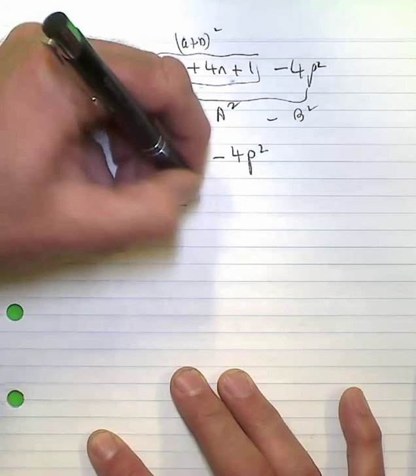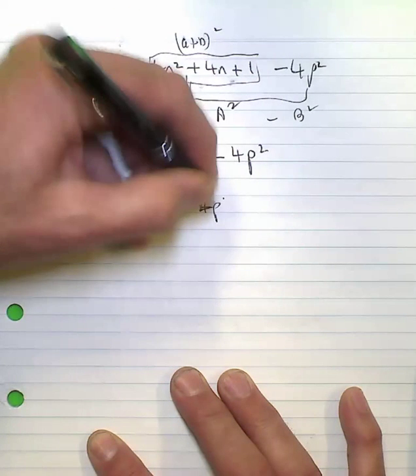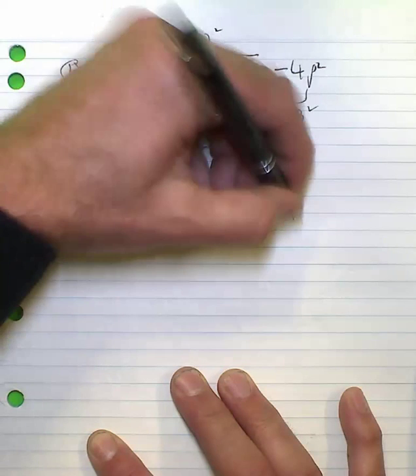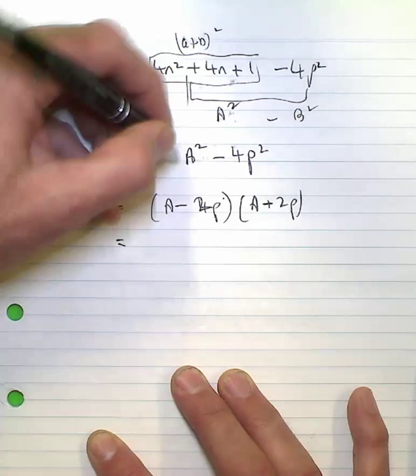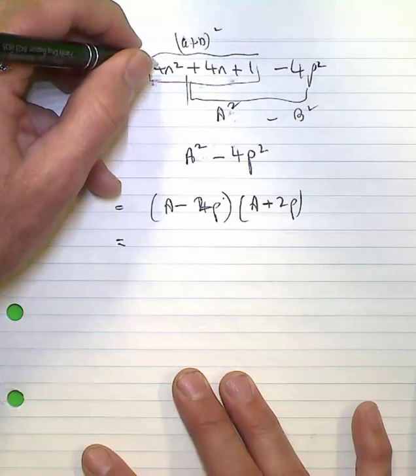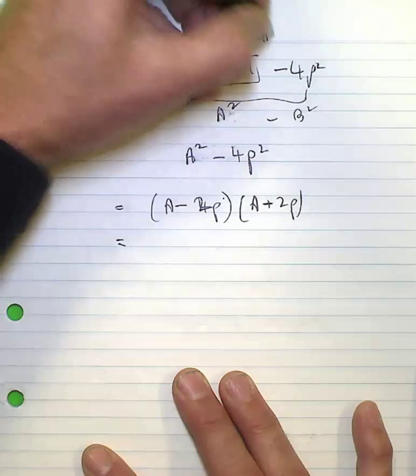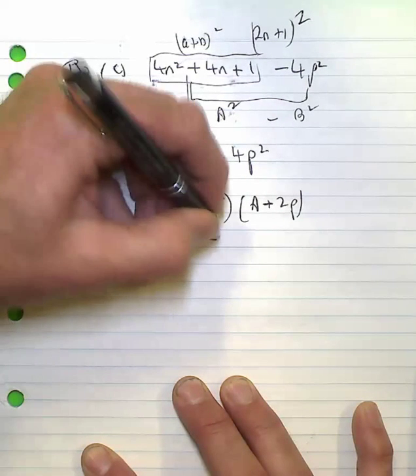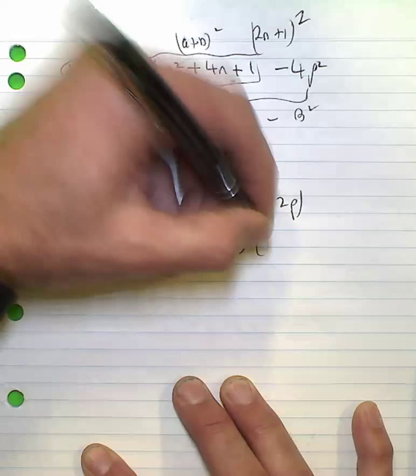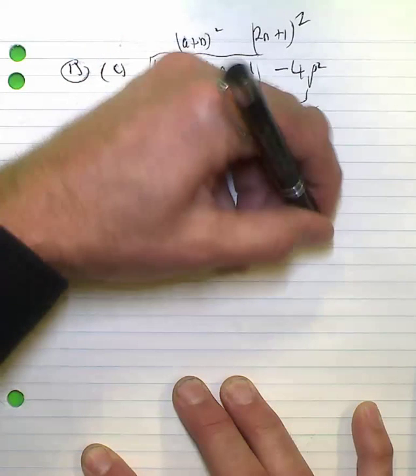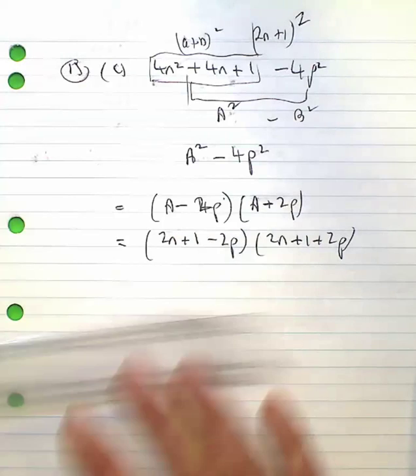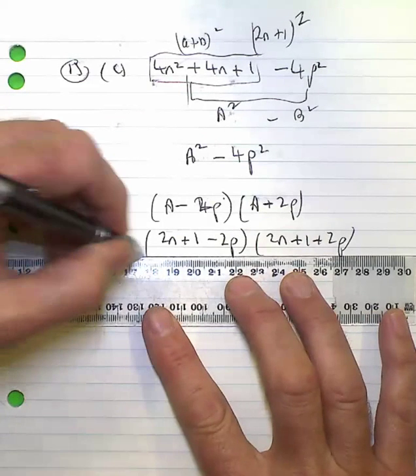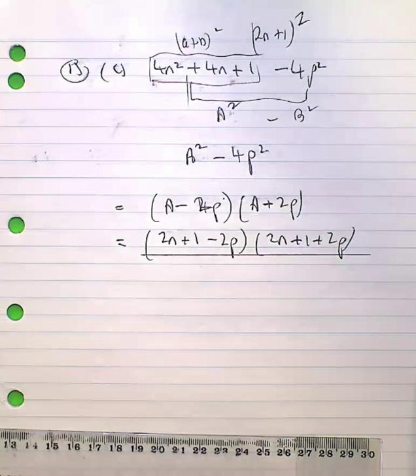So it gives me a, take 2p, sorry, lots of a plus 2p. Now, that's the perfect square, 2n plus 1 all squared. Give me 2n plus 1 take 2p, lots of 2n plus 1 plus 2p.